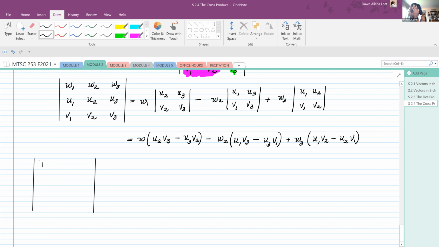So if I put I up here, J up here, and K here, and I put U1, U2, U3. So notice the U vector is first, and the V vector is second.